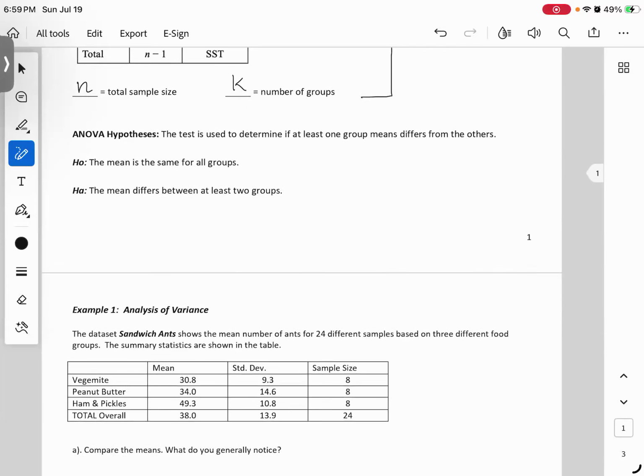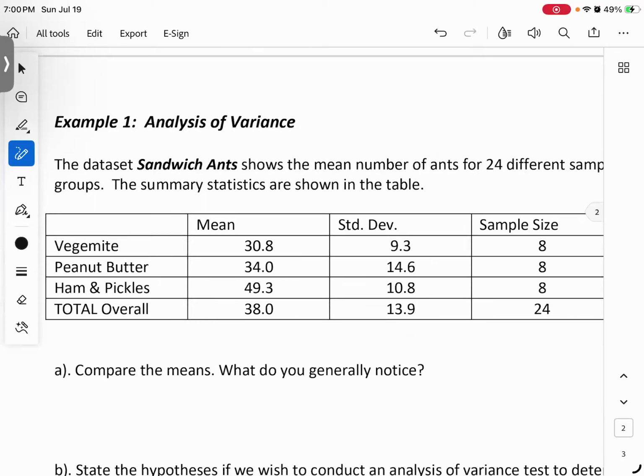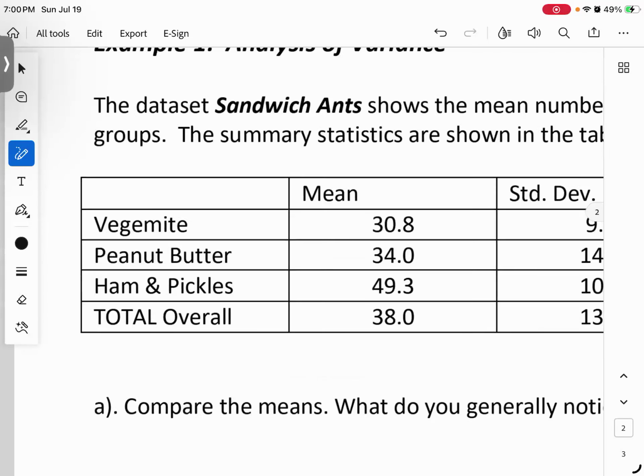So let's go ahead and try this with a couple of examples today. The first one has to do with 3 different groups. It was an experiment regarding ants. What they did was several different trials to see which type of food the ants were more interested in.